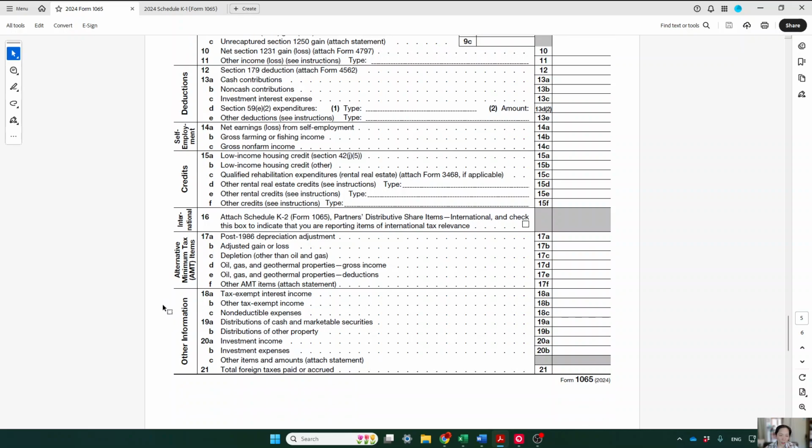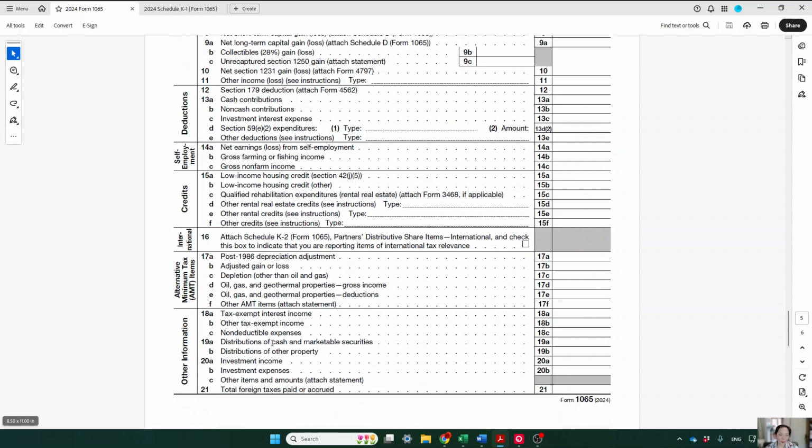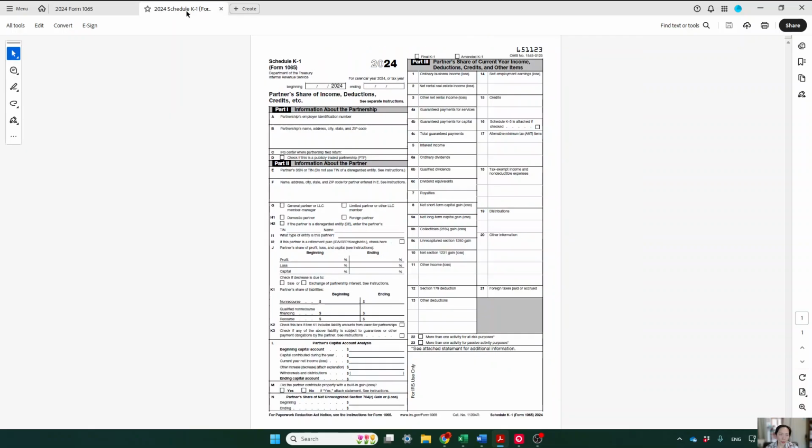There's also an other information section, which is a continuation of separately stated items, which covers tax-exempt interest as well as non-deductible expenses, such as fines and penalties. On Schedule K-1, similarly, we have ordinary income loss, and we also have self-employment earnings loss.